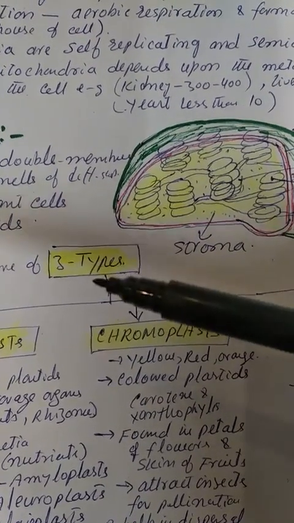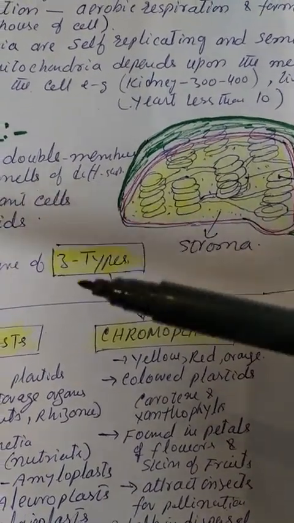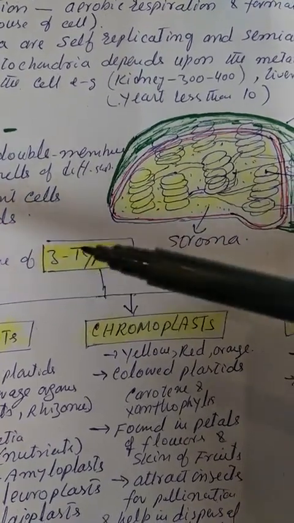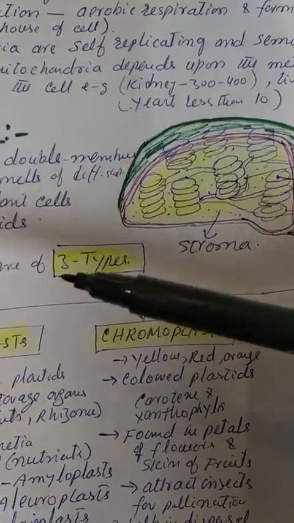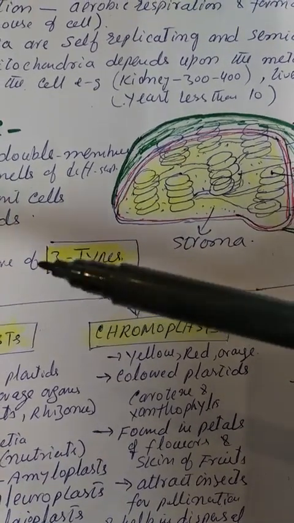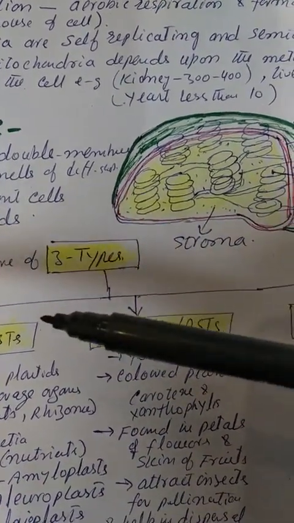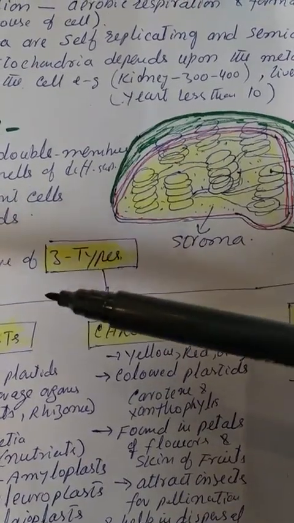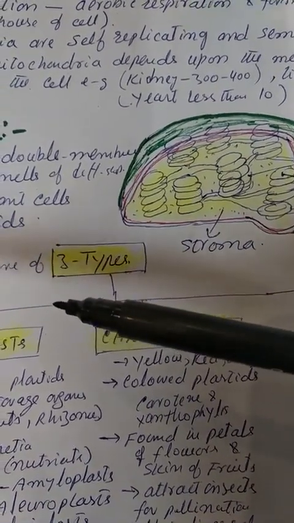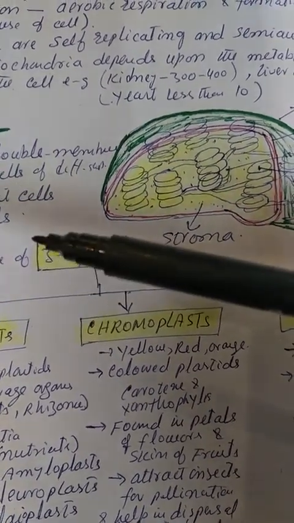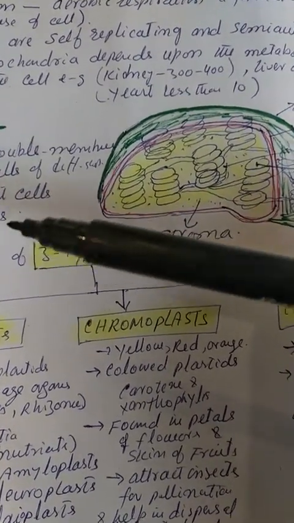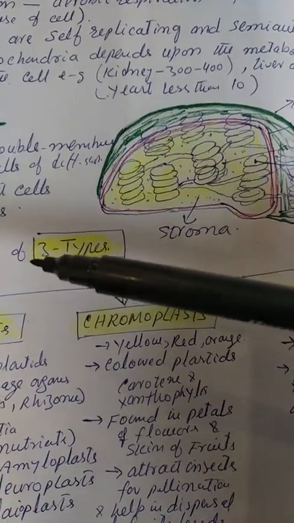And sometimes they are used to store fats, and when they store fats, they are called elaioplasts. You must remember these three terms: amyloplasts for the storage of starch, aleuroplasts for those which store proteins, and the leucoplasts which store fat particles are known as elaioplasts.